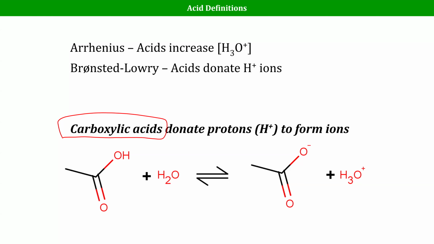So when you put a carboxylic acid in water, the acid group gives up the H plus. The water accepts it, so the water is acting as a base, which makes the hydronium the conjugate acid.